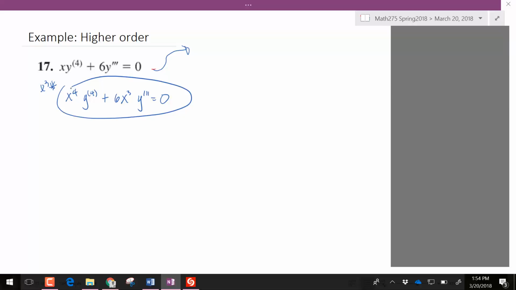So now that we know this, we can do stuff. What are we going to do? Oh, auxiliary. So we're going to assume that your solution is x to the m, and we're going to need 4 derivatives. So let's take 4 derivatives. The first derivative is m x to the m minus 1. Second derivative is going to be m times m minus 1, x to the m minus 2.